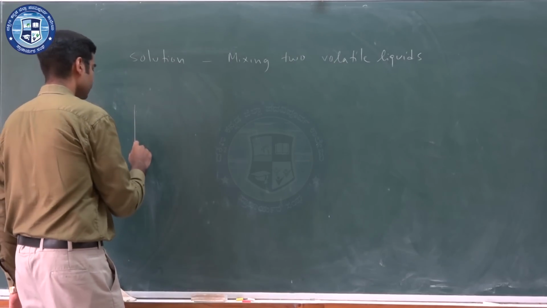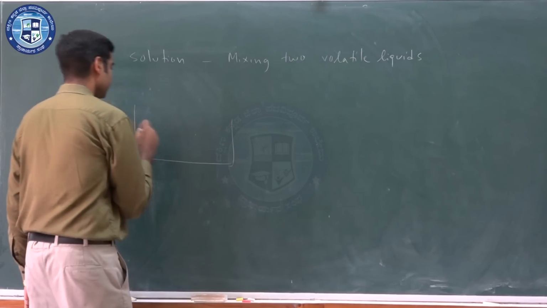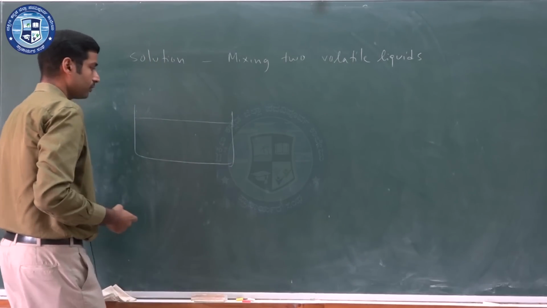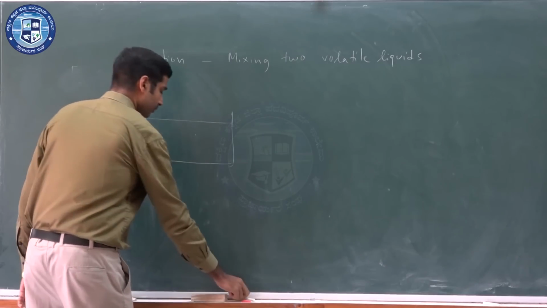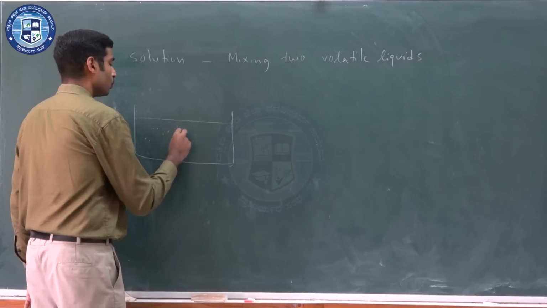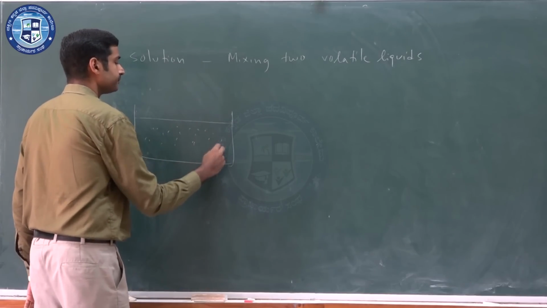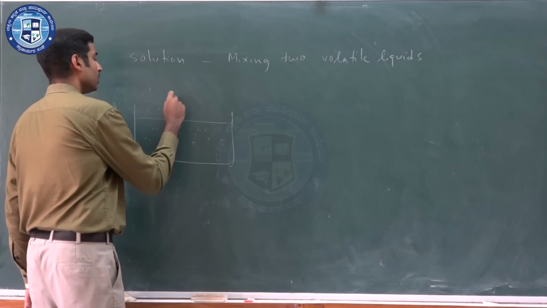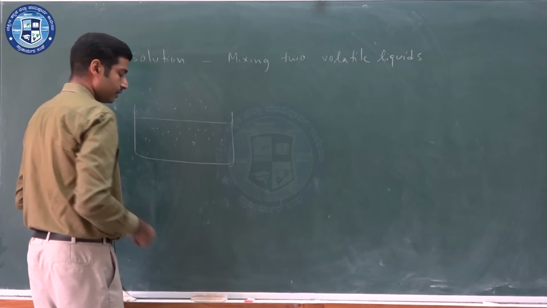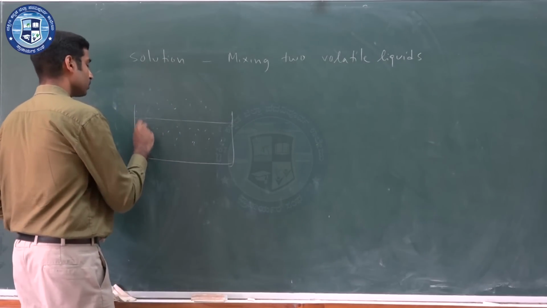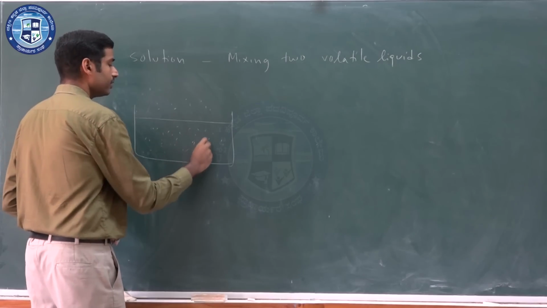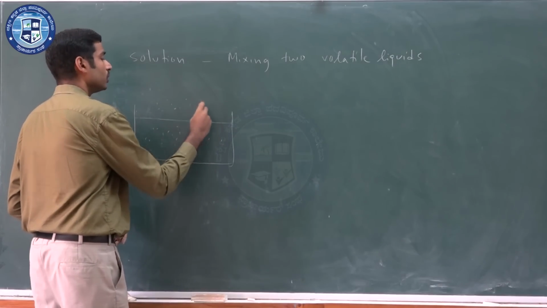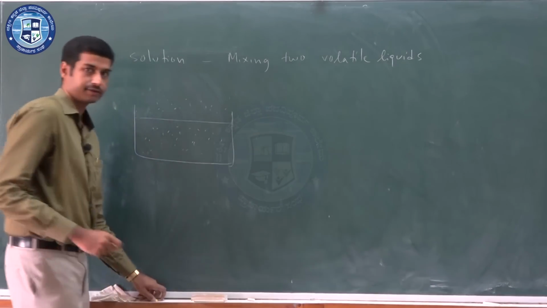I have a container, and in this container the solution is formed. One of the components is a liquid and it is volatile. That means some molecules will go into the vapor phase as well. You have the second component as well. So, there is component 2, which is a liquid, and even this is volatile, and therefore you will also have component 2 in the vapor phase.